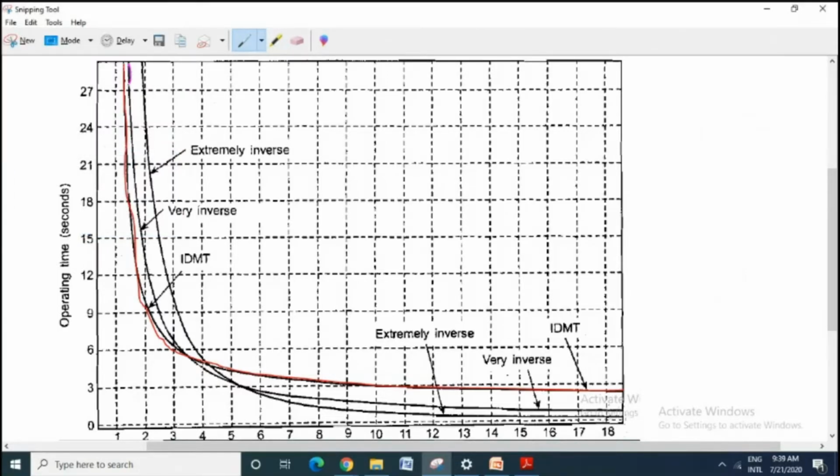The second graph, as we have seen in the previous example, we are considering the same color codes. The second graph is for the very inverse kind of characteristic.